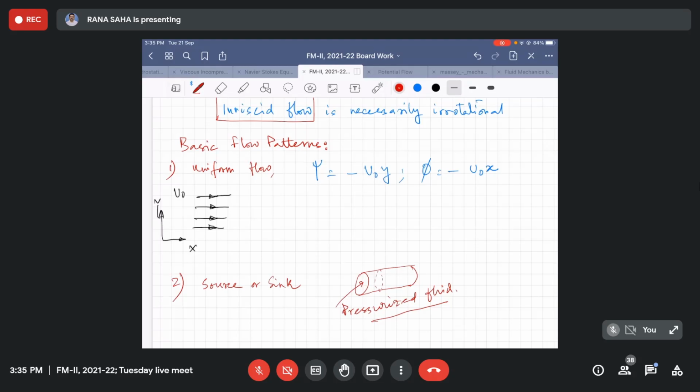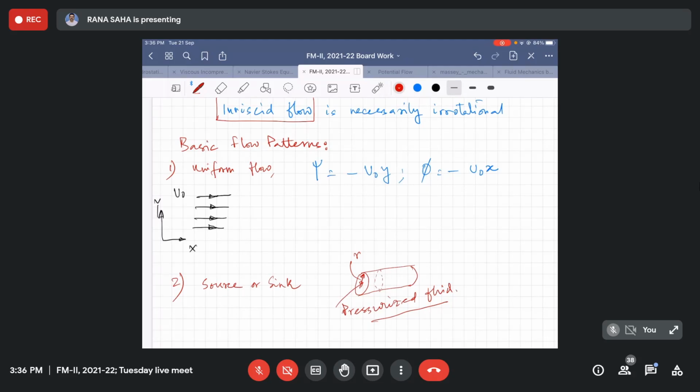Also, this is a finite diameter cylinder, maybe of radius r. So if I decrease the radius of the cylinder, keeping the pressure of the fluid the same, as you go inward, that means if you decrease the radius, you may observe that the magnitude of the velocity will be more, right?